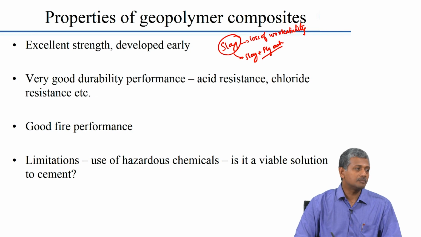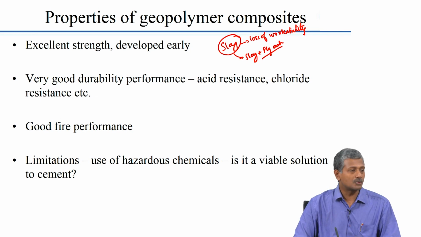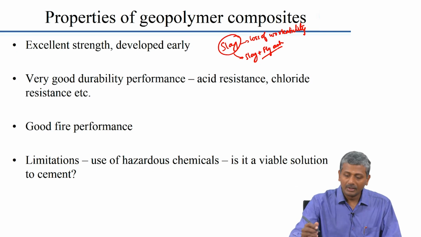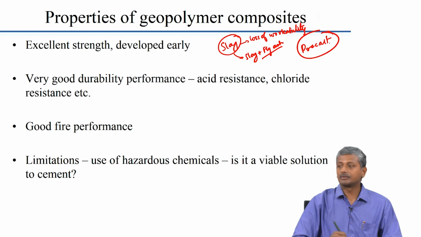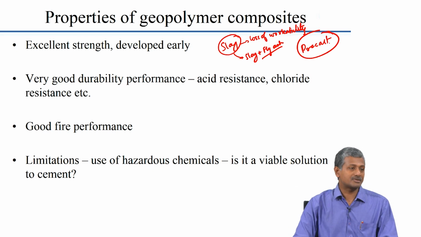Still not much more than that, but at least 45 to 60 minutes gives you enough window to do a fairly good precasting operation. So, it is usually suitable only for precast application. For on-site construction, you need to be extremely careful with the kind of operations that you have in place, because the loss in workability is rapid.